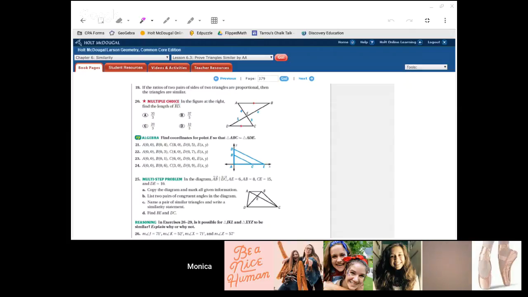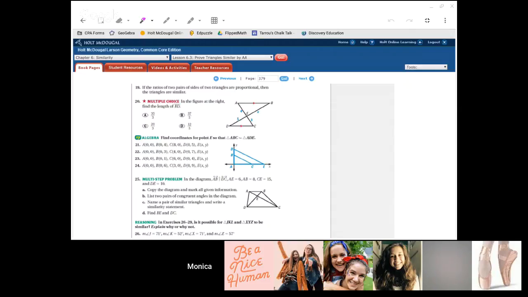Okay, Campbell, so for number 20, do we have enough information to say that those two triangles are similar? So then what you need to do is set up your proportion, not similarity statement.